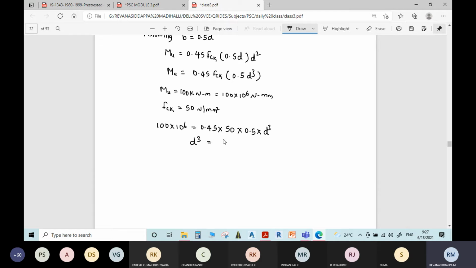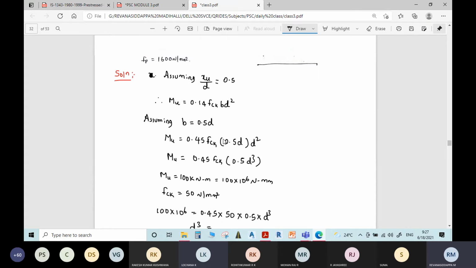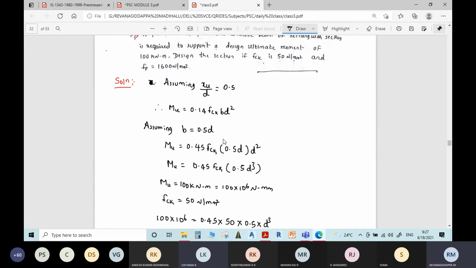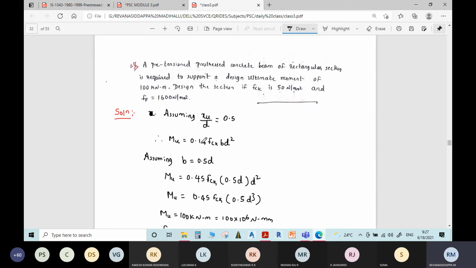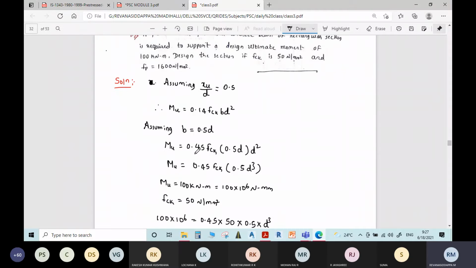Sir, d is equal to 207.14. So here Mu is equal to 0.14, you change it to 0.14. If you take 0.14, tell me the answer.